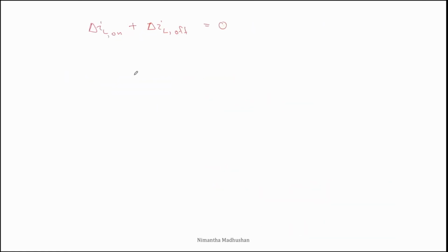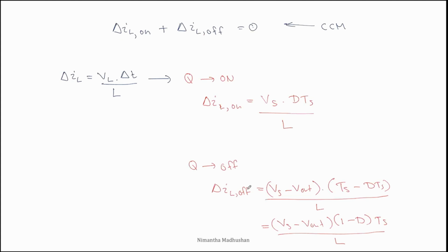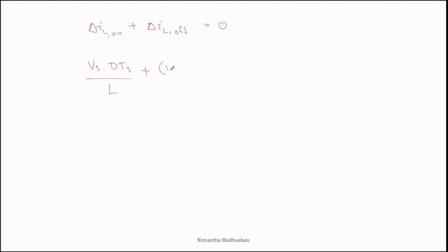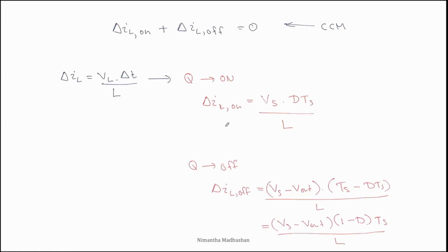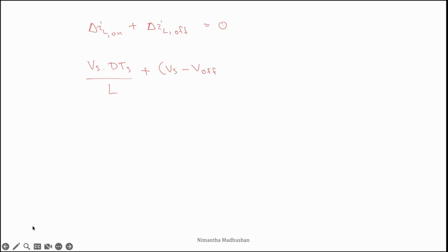Delta IL on is Vs dTs over L, plus delta IL off, Vs minus Vout times 1 minus d Ts over L, is equal to 0.